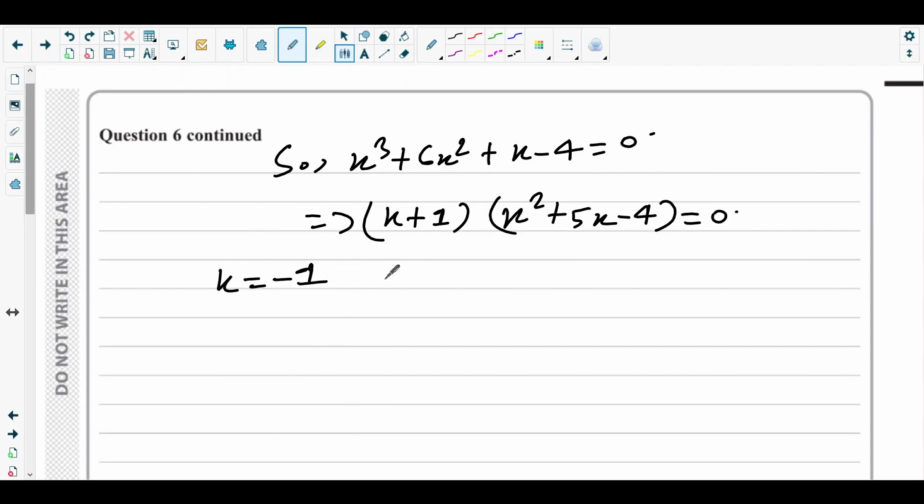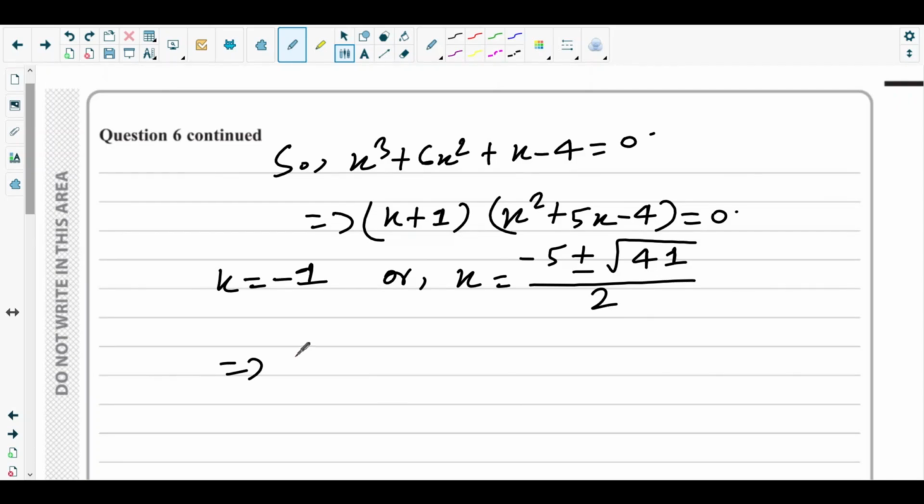x equals to minus b plus or minus the square root of b squared minus 4ac, over twice a. b squared is 25, 25 plus 16, which is square root of 41. So the other two roots are what?